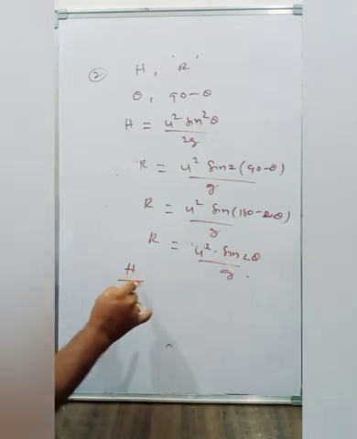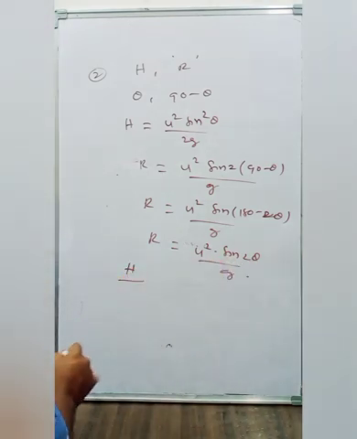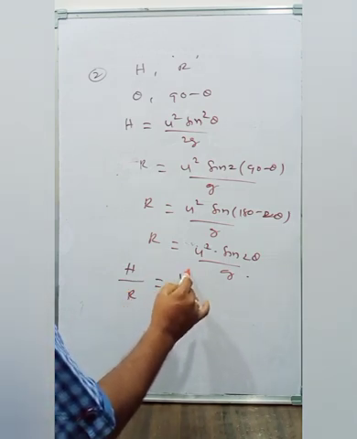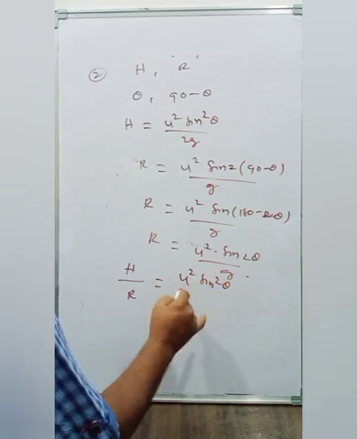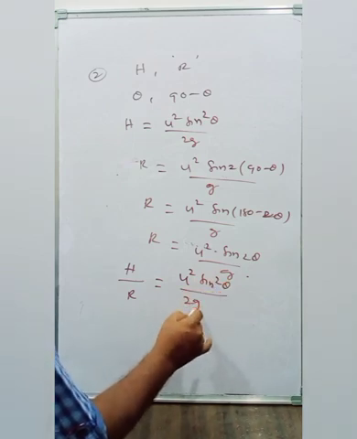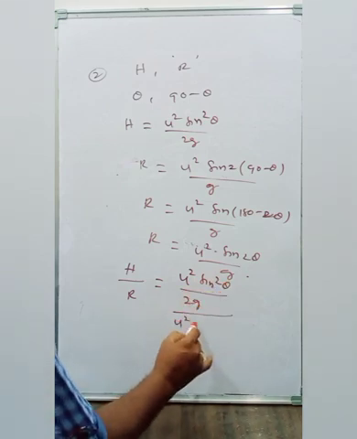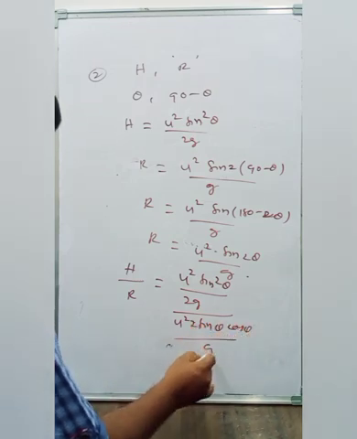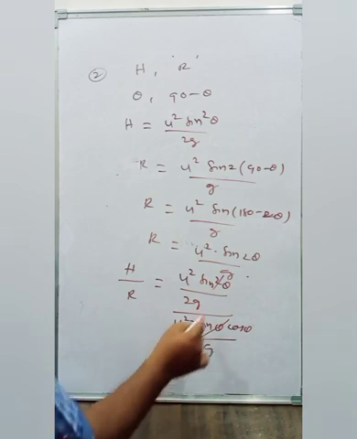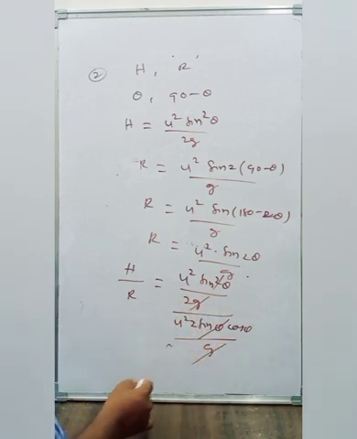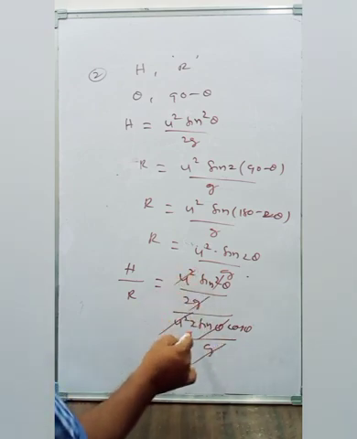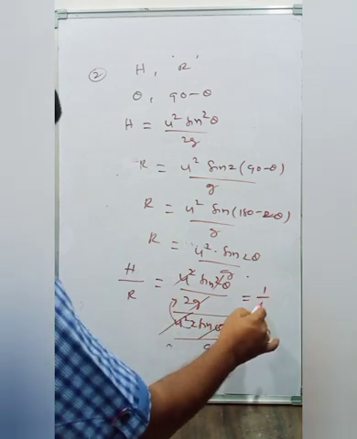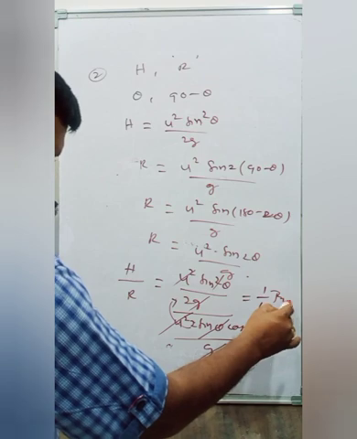You can take R by H is equal to U square sin square theta by 2G divided by U square sin theta cos theta by G. Here one sin theta cancels, G cancels, U square cancels, this 2 is multiplying, and there is 1 by 4 tan theta.